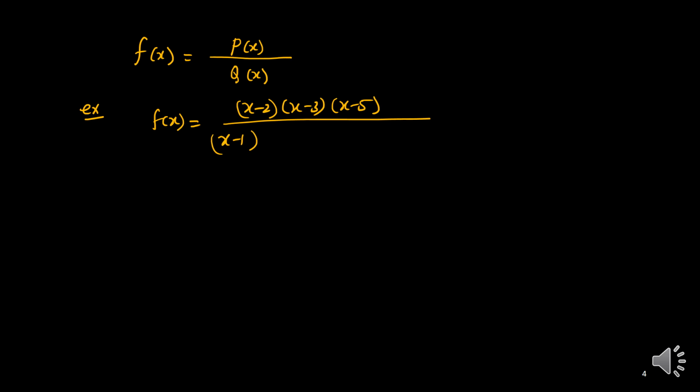So for example, f of x I may consider, with numerator (x minus 2)(x minus 3)(x minus 5), suppose, and here the denominator is (x minus 1)(x minus 4)(x minus 6)(x minus 8), a product like that.